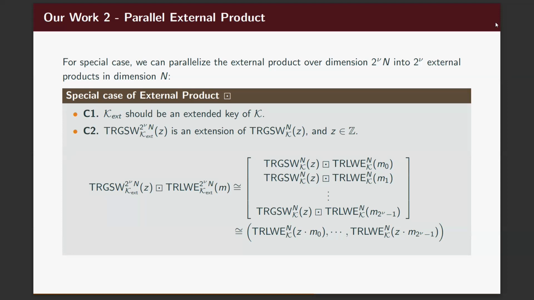And this is the most important condition, that the GSW ciphertext has to encrypt only the integer, not the integer polynomial. But this condition is quite common in TFHE literature because ordinary works encrypt only 0 and 1. So we can split the external product in a larger dimension into independent external products in smaller dimension n.